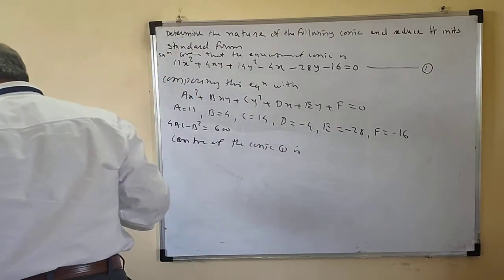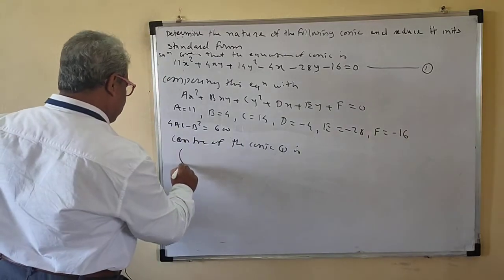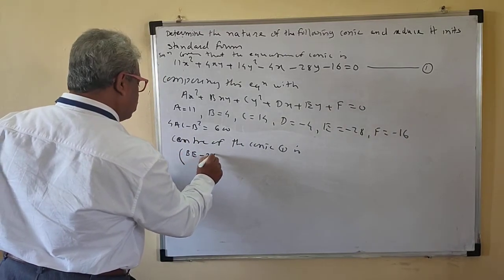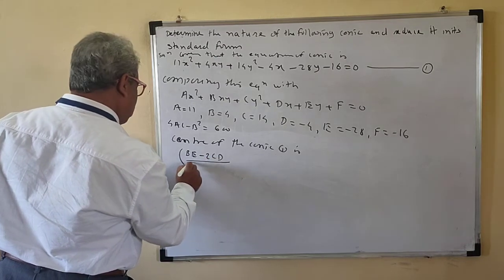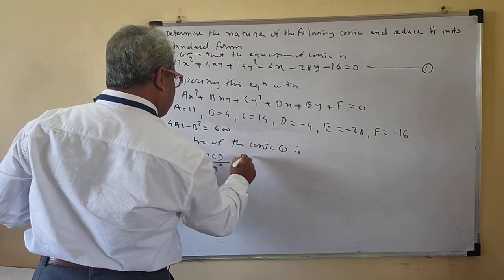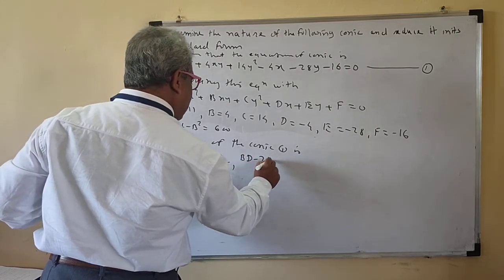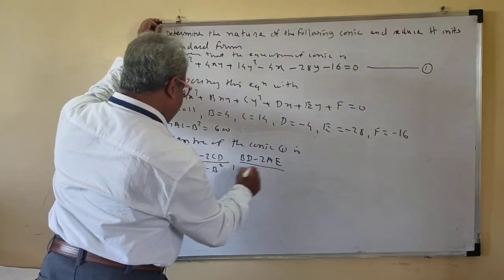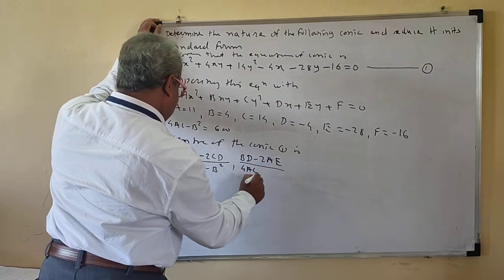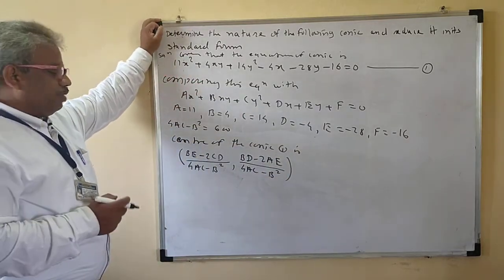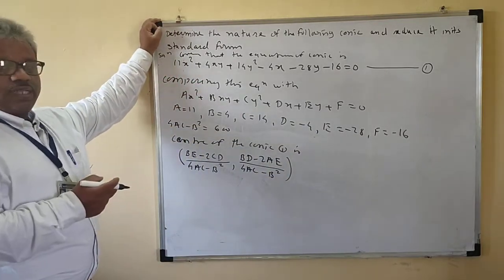Write the formula: the numerators are b e minus 2 c d, and b d minus 2 a e, upon 4ac minus b square. You have to remember only the numerators: b e minus 2cd and bd minus 2ae.